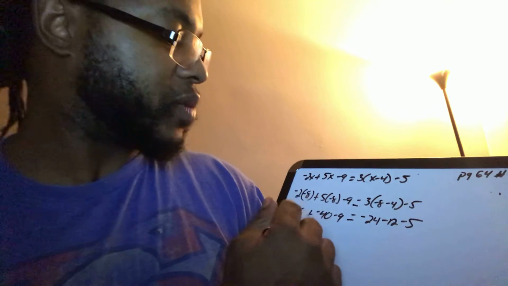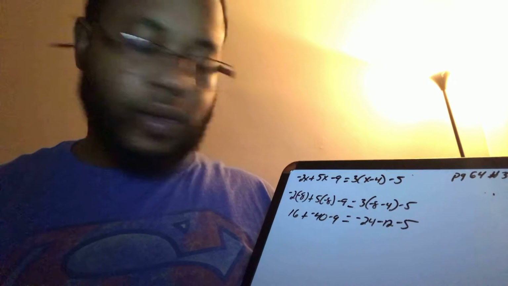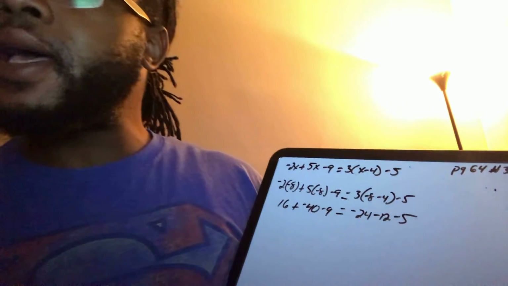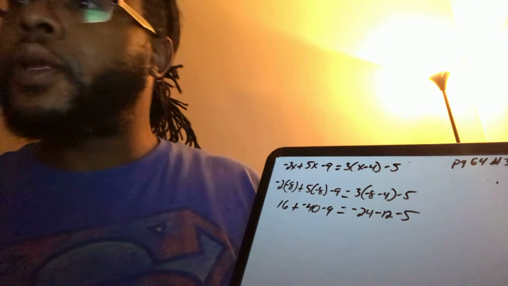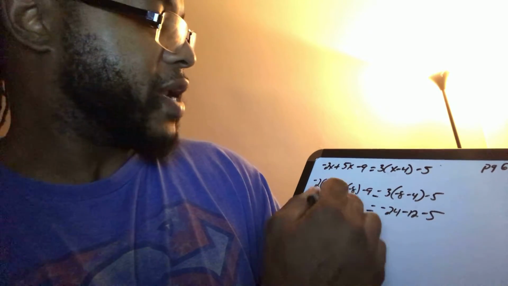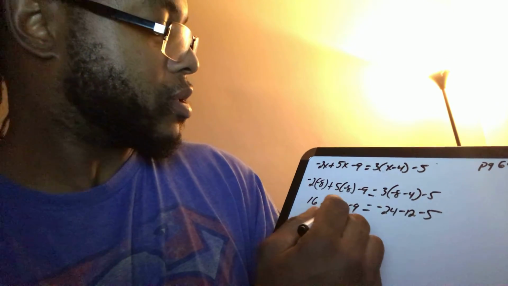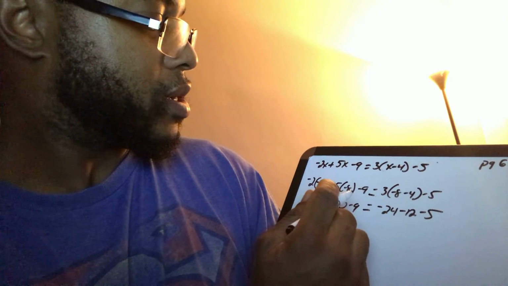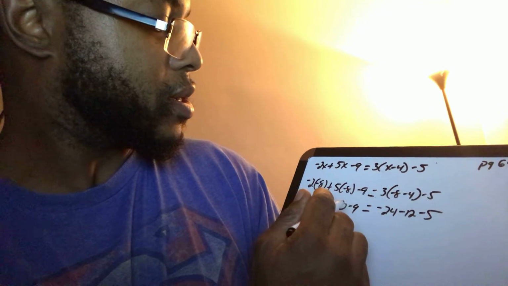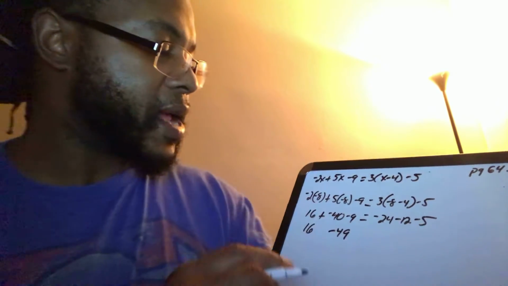All right, so at this point, we just want to start canceling out, so to speak. The first thing I'm going to start off with is negative 40 minus 9. That's going to give me negative 49. Then we have 16 minus 49.